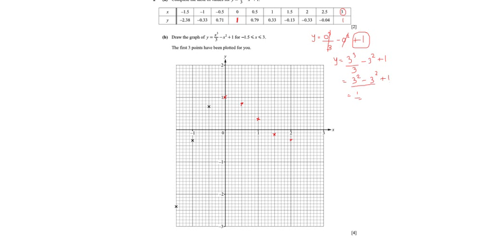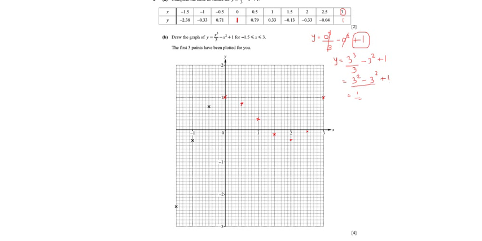Then when x is 2.5, y is minus 0.04, so that's somewhere very close to the x-axis. Then when x is 3, the value of y is 1, so that's up here.